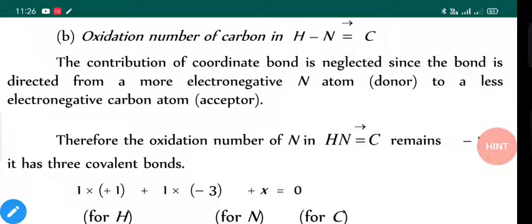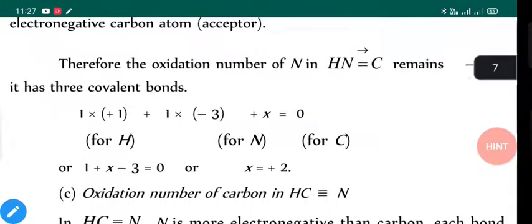So we have a triple bond between nitrogen and carbon, and the normal oxidation state of nitrogen will be used here. All the other elements present are electropositive compared to nitrogen. So nitrogen will get -3 charge, hydrogen will get +1 charge, and for neutralization, carbon carries +2 charge. So in this case, carbon has +2 charge.